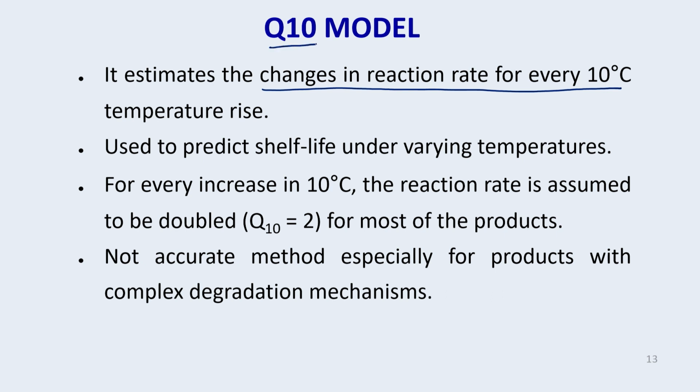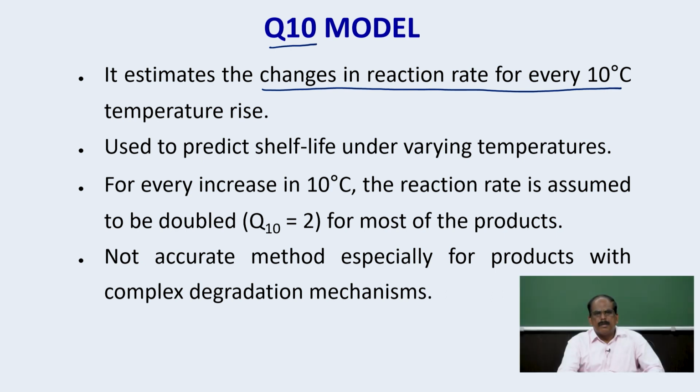This 10 refers to how the rate of reaction changes for every incremental temperature of 10 degrees centigrade. This is also used to predict the shelf life of the food product under varying temperatures. For every increase of 10 degrees centigrade, the reaction rate is assumed to be doubled for most products.